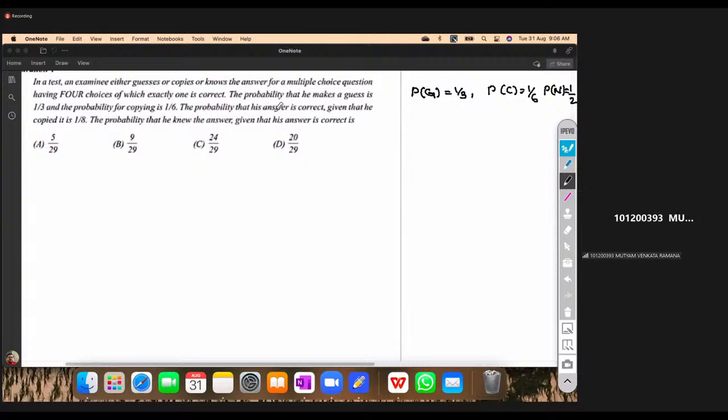Now the probability that the answer is correct given that he guessed is 1/4, because there are 4 choices.